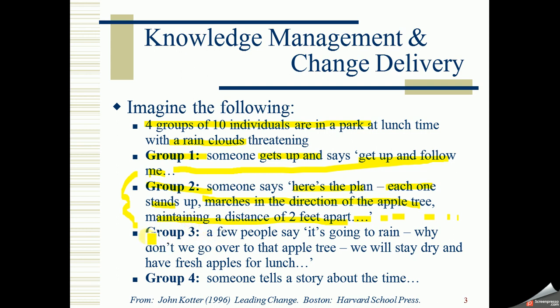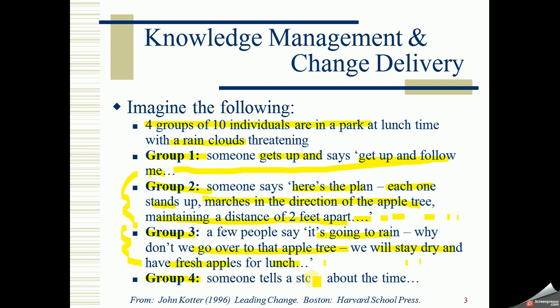In the third group, we do not have a leader. A few people get together and start a discussion. Okay, it's going to rain. Why don't we go to that apple tree? We'll stay dry and have fresh apples for lunch. So some people get together, do some brainstorming, and try to come up with a plan for how to deal with the disaster that is coming.